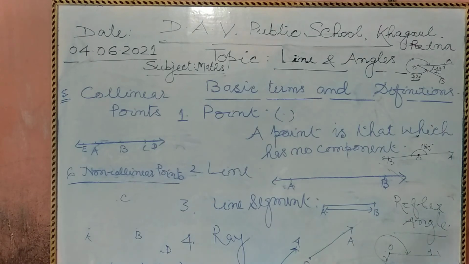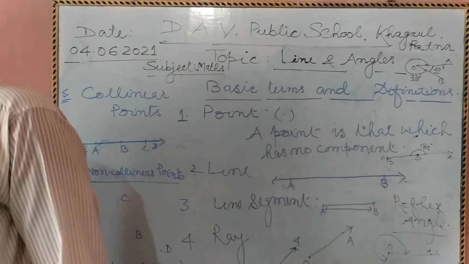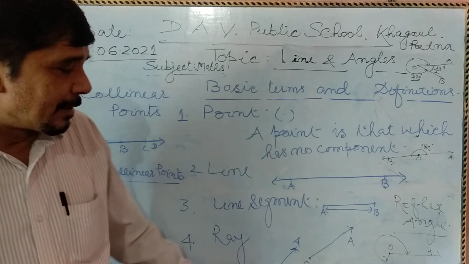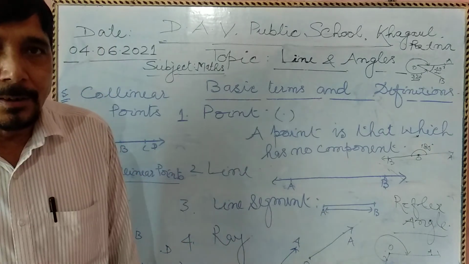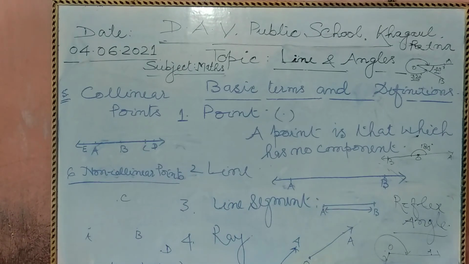Okay, now again we are going to discuss these angles. Acute angle, the angle which is between 0 and 90. AOB is an acute angle. An angle which is between 0 and 90 is called an acute angle. Now a straight angle, an angle which is exactly equal to 90 degree is called the straight angle.